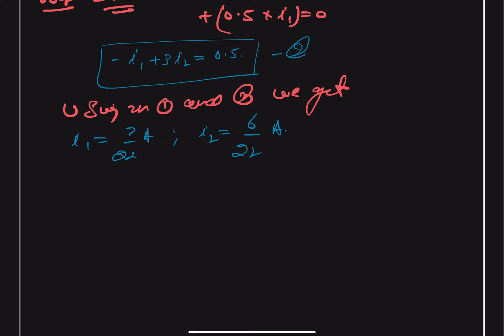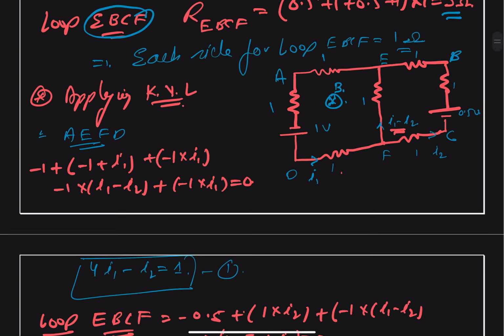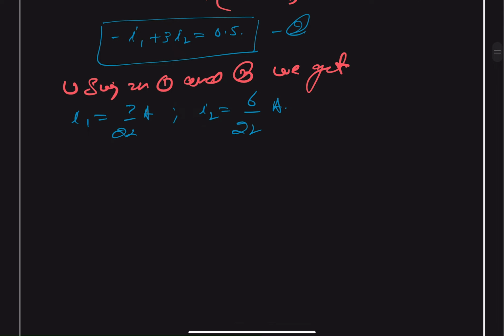We also need the current I1 minus I2 because that current is flowing through EF. So we can write that IEF, which is I1 minus I2, comes as 7 upon 22 minus 6 upon 22 is equal to 1 upon 22 ampere.